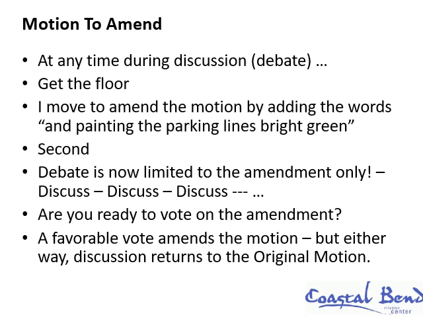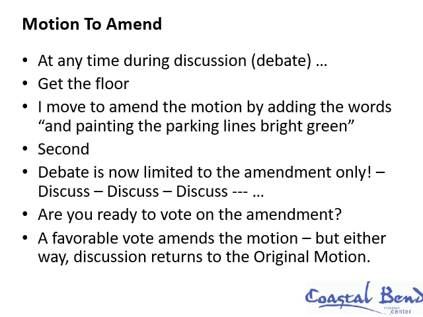The amendment must be germane to the original motion. If it is not germane, the chair can rule it out of order. On the other hand, if it is germane, this now would-be motion requires a second.